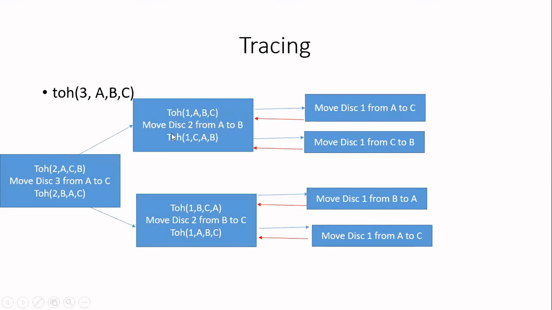And the second step, you have moved n minus 1 disks. So the nth disk is now pending. That nth disk you have to move from source to the destination with respect to this call only. So what is the nth disk? Disk number 2. So move disk 2 from where to where? Source to destination. Here source is A and destination is B. So move disk 2 from A to B. That is my second statement.